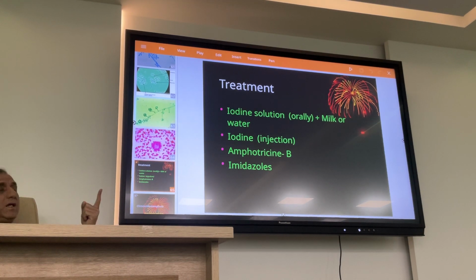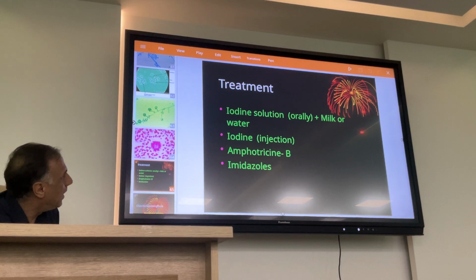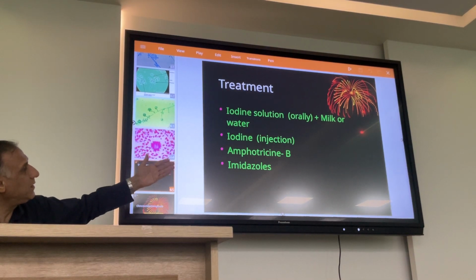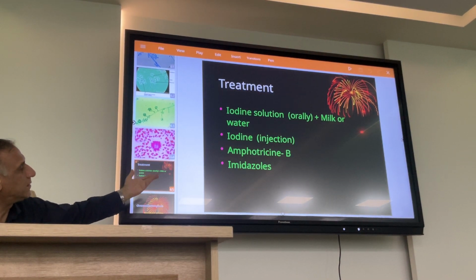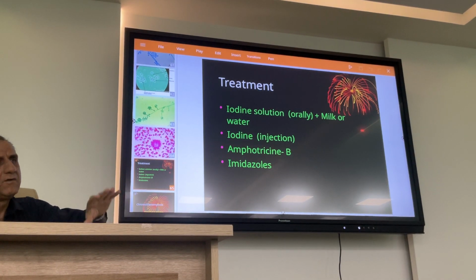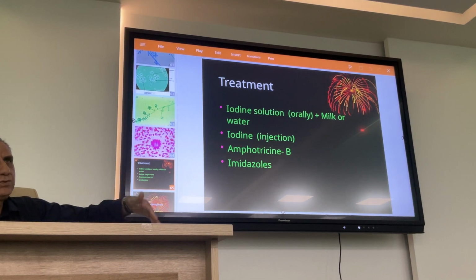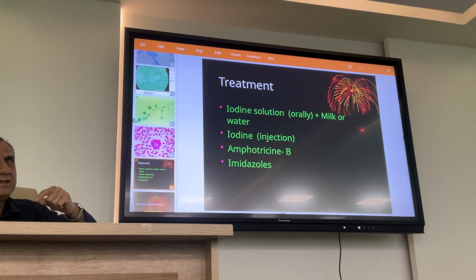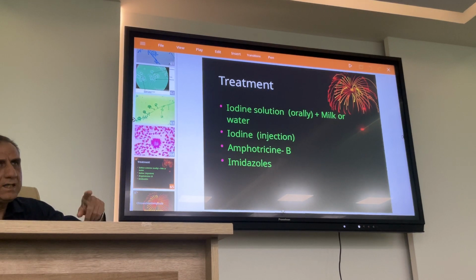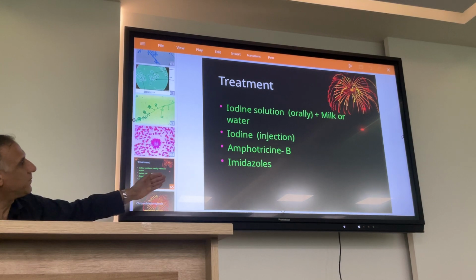After a correct diagnosis, treat with an iodine compound, iodine solution orally with milk or water. It has a protocol. Start with 15 drops per day, continuing up to about 45 drops per day.